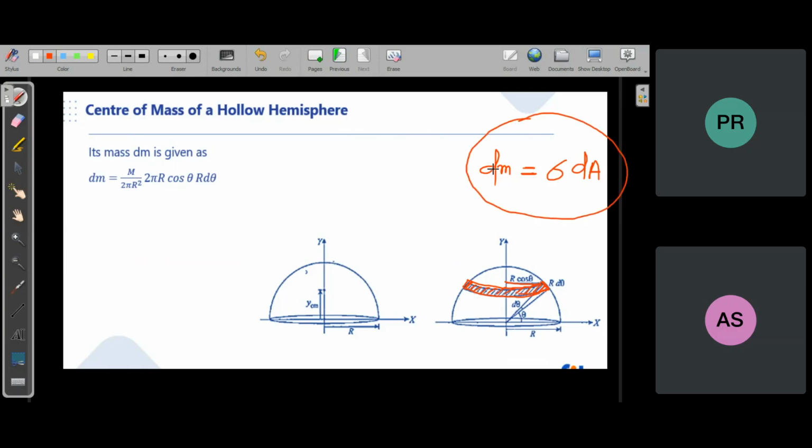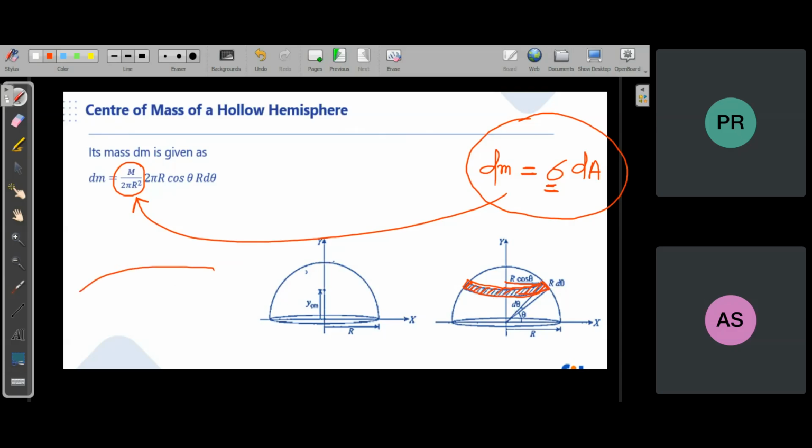And what is sigma? Sigma is nothing but total mass by total area. Area will be curved surface area. Curved surface area of the complete sphere is 4 pi r square, but it is a hemisphere, so sigma is m by 2 pi r square.